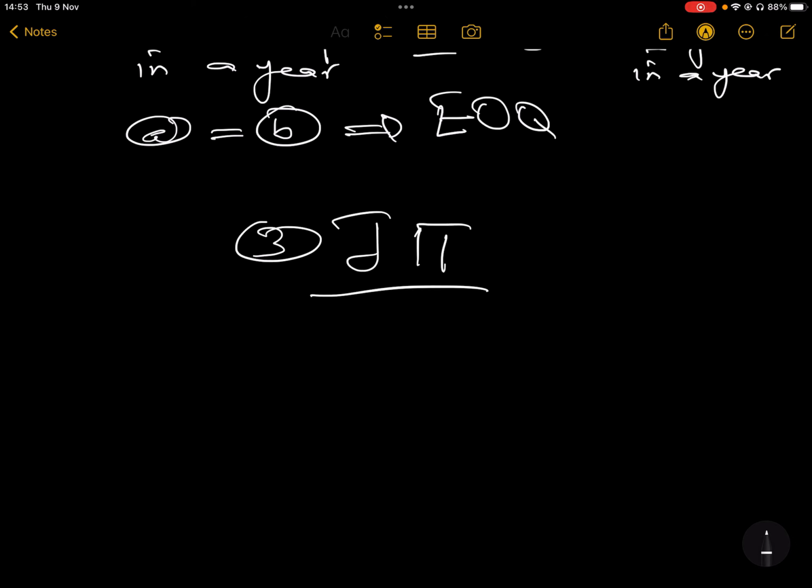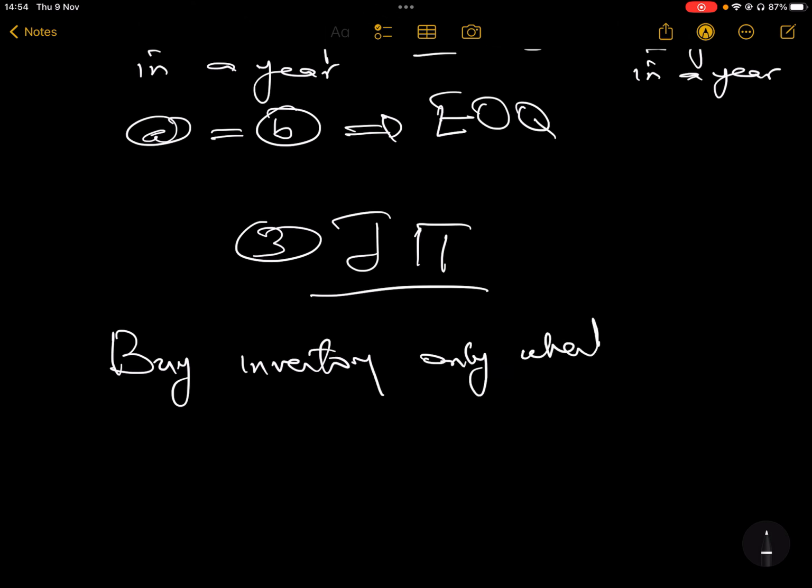Just in time, just as the method says, means you only buy inventory just when there is an order that requires you to deliver a product. So this says buy inventory only when there is an order from customers to fulfill.